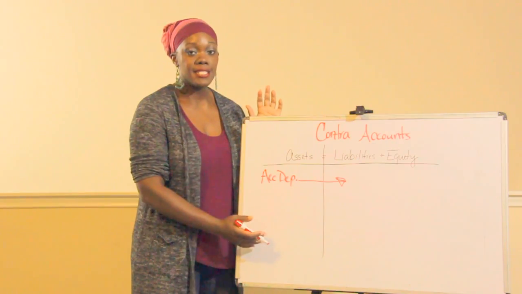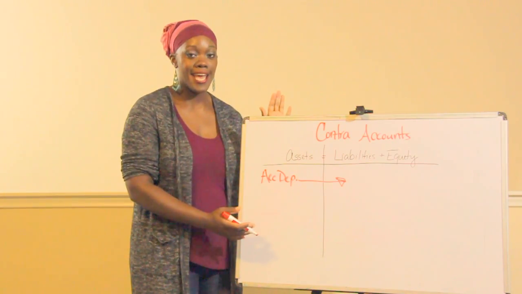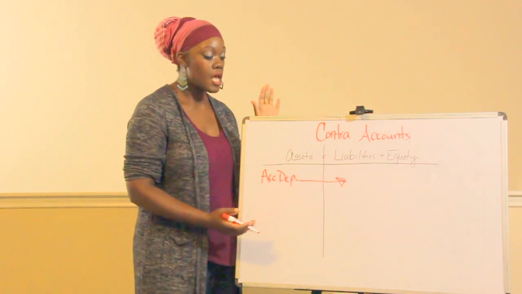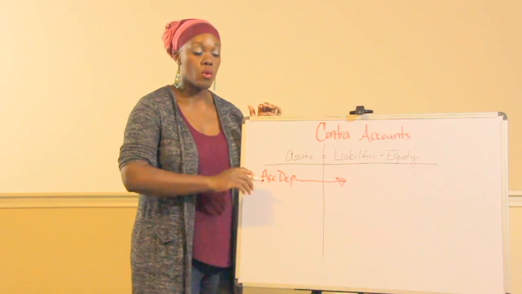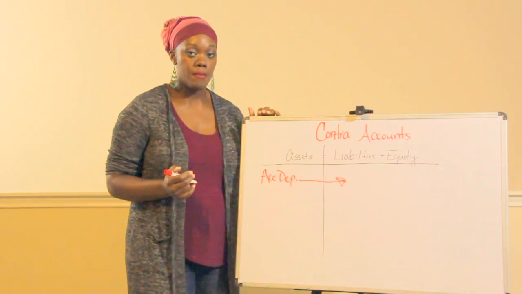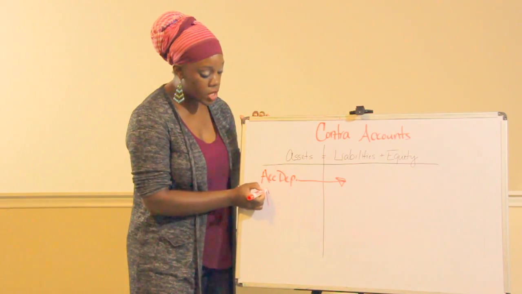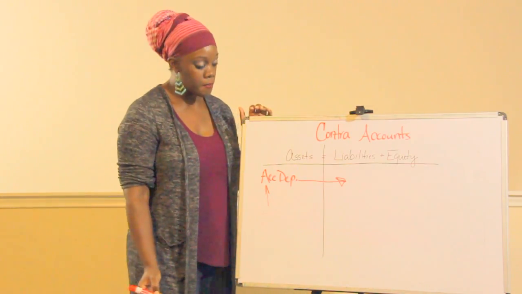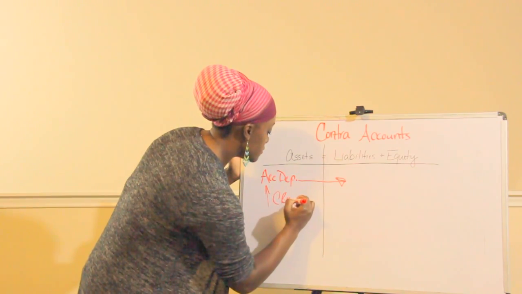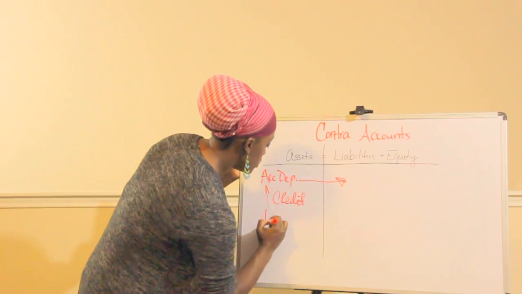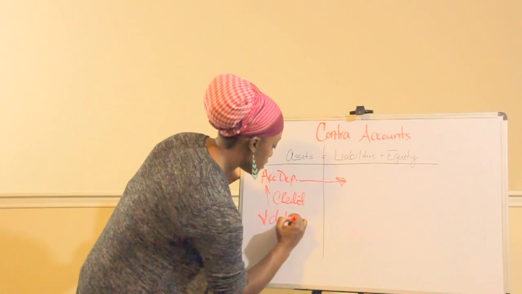So all of our assets are going to be left side accounts, debit side accounts. However, a contra asset account is going to act like it's a liability. So that means that we're going to increase our accumulated depreciation with a credit, and we're going to decrease it with a debit.